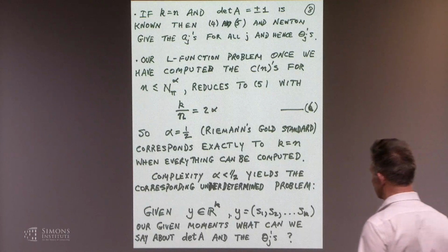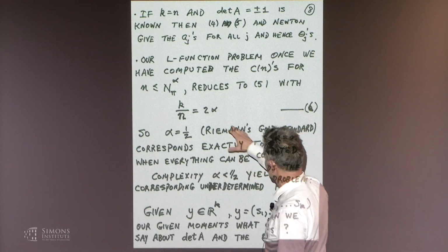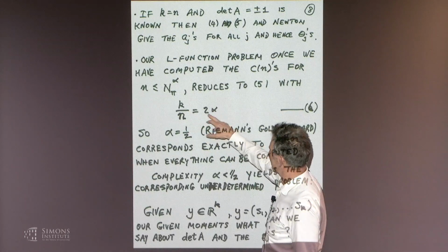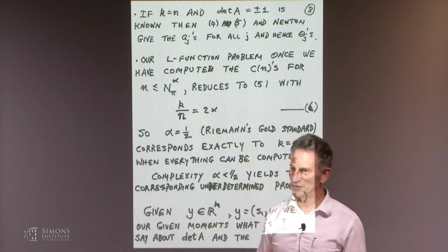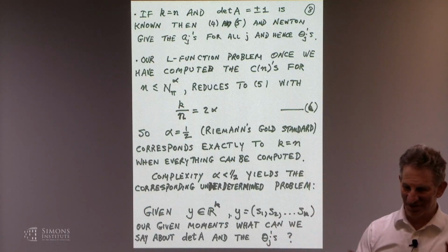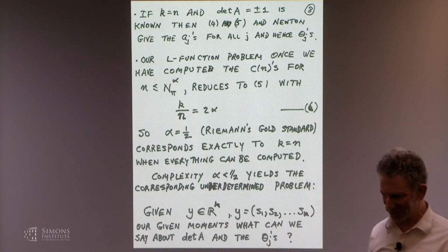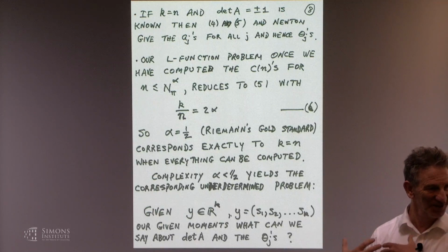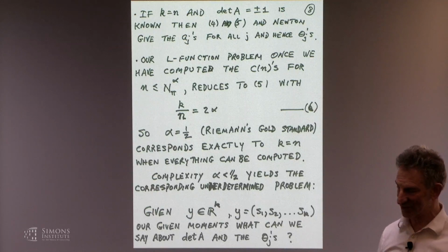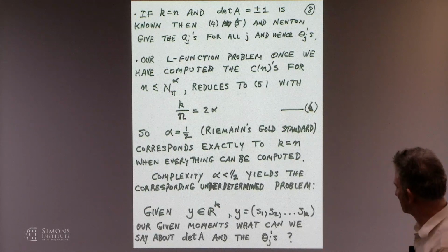And in this reduction, which from our system is exact, k over n is 2 alpha. So if alpha equals 1/2, I have k equals n, and I'm in a position where I can recover all the coefficients. So it matches exactly. Riemann's gold standard is just saying that if you're given all the coefficients of the characteristic polynomial of this orthogonal matrix, you can compute the zeros.